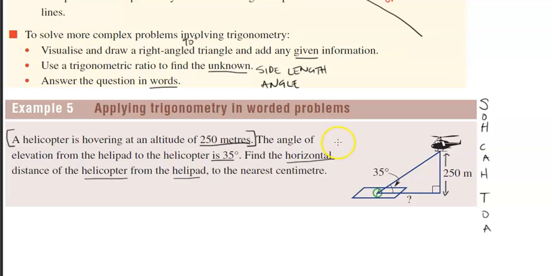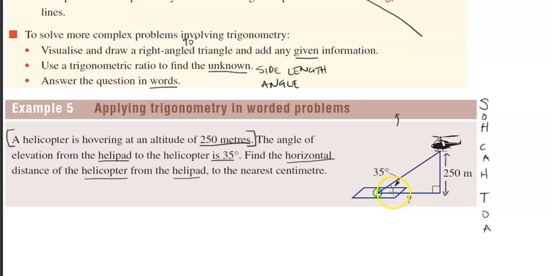The angle of elevation. So we know that we're talking about an angle that starts down and it goes up like this. The angle of elevation from the helipad. So helipad is the pad that is actually on the floor, so it's on the ground. So the angle of elevation from the helipad or from the ground to the helicopter is 35 degrees. So this right here is the helipad.